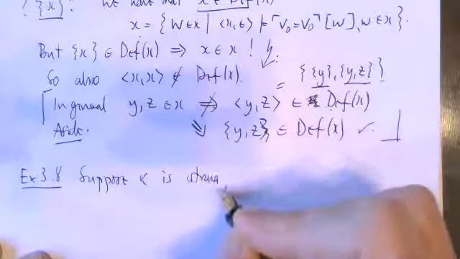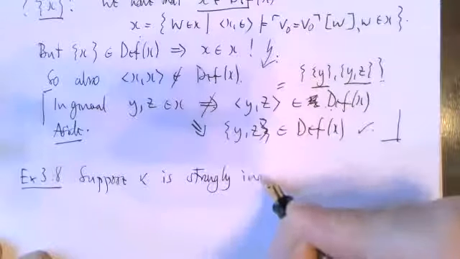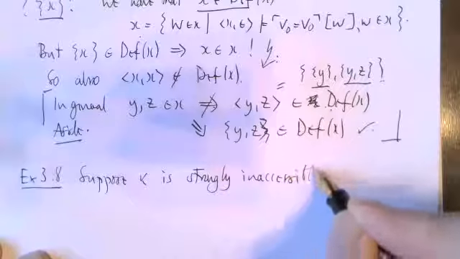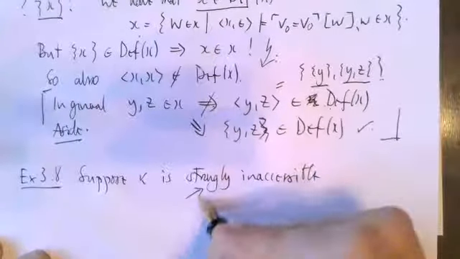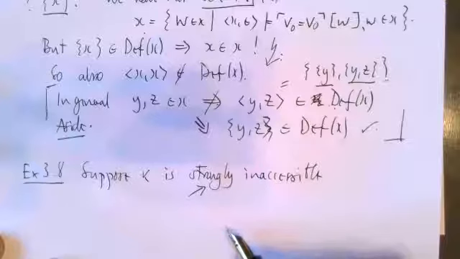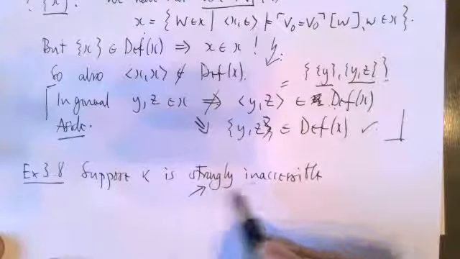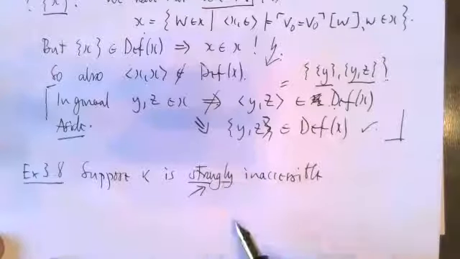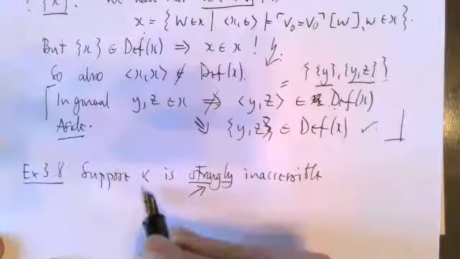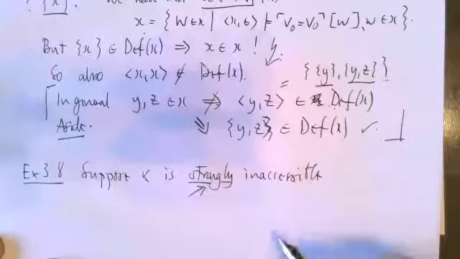It says kappa is strongly inaccessible. Okay, so recall what this meant. It meant that it was a regular limit cardinal, but more than that, the strongly part meant that it was closed under power sets.